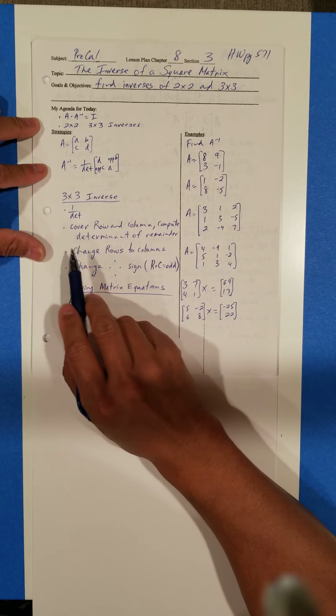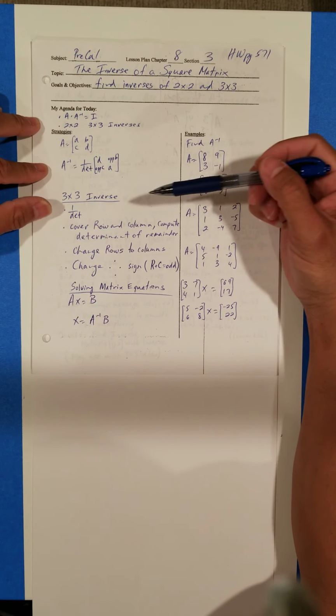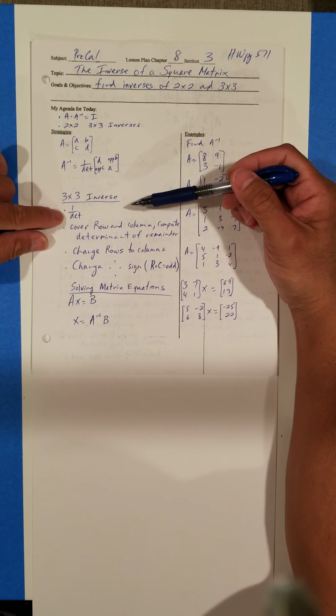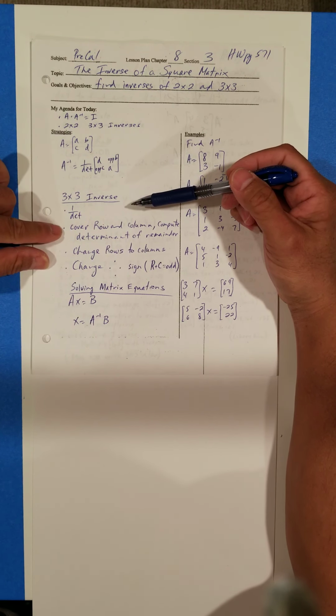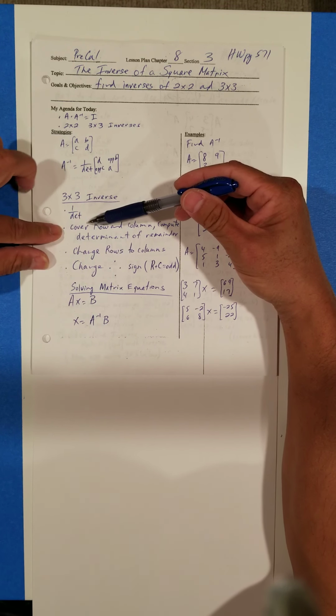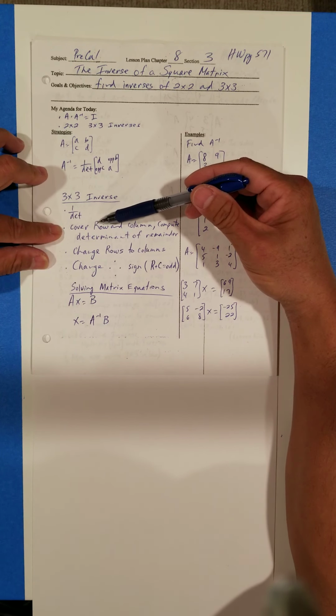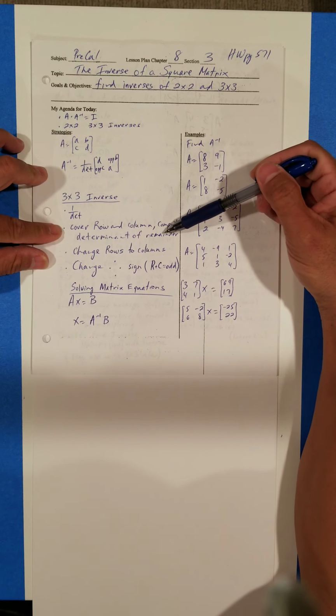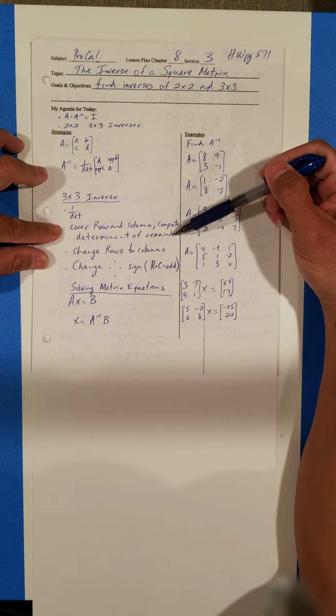Now, 3 by 3s is a little bit more complicated, but the idea is first you find the determinant. You're going to put 1 over the determinant. Okay, then you're going to go to every element, one at a time. You're going to go to the element and cover up its row and column and find the determinant of whatever is left over that you see.